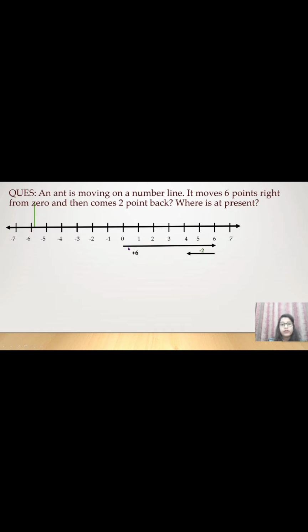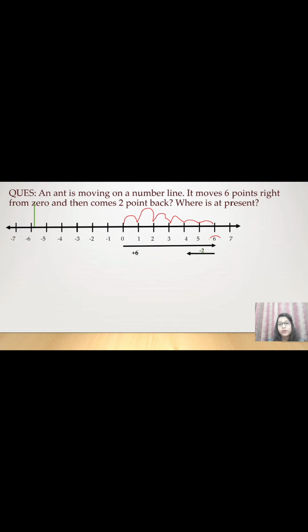So we will see that first of all we start from 0, as we all know that हम 0 से start करते हैं. We will start from 0 and reach up to the point 6. That is 6 steps from 0. 1, 2, 3, 4, 5 and 6.